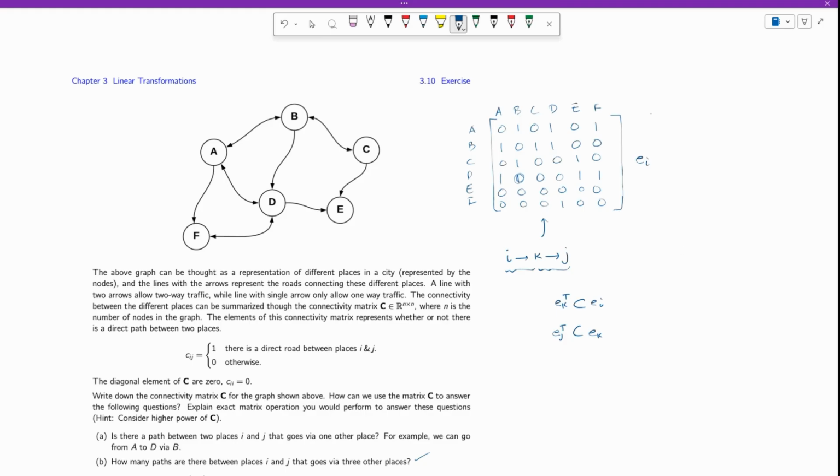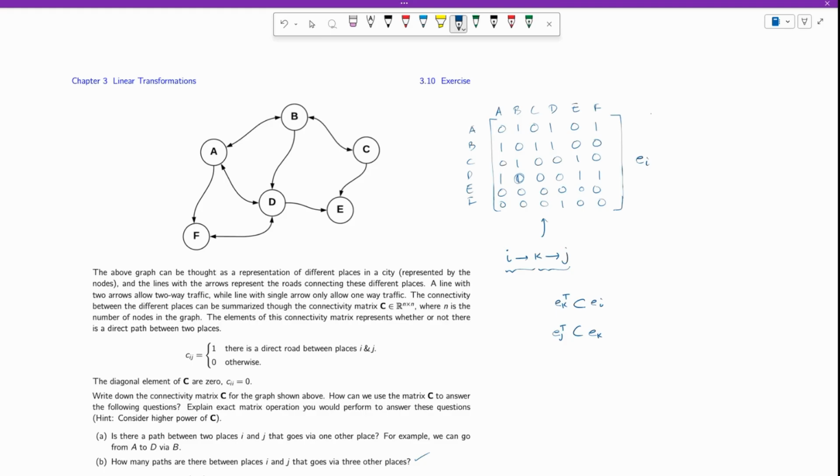Okay. The first one you were able to do. How did you do the first one? Did you trace in the graph? No, you should not trace in the graph.